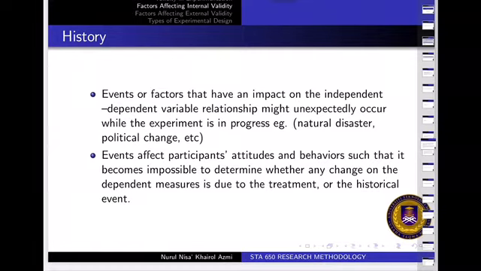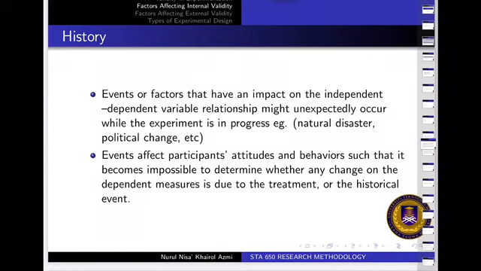Ataupun another example, the growth of the plant, for example. Okay, so kita dah tahu tempat tu memang dah ada selalu banjir contohnya.